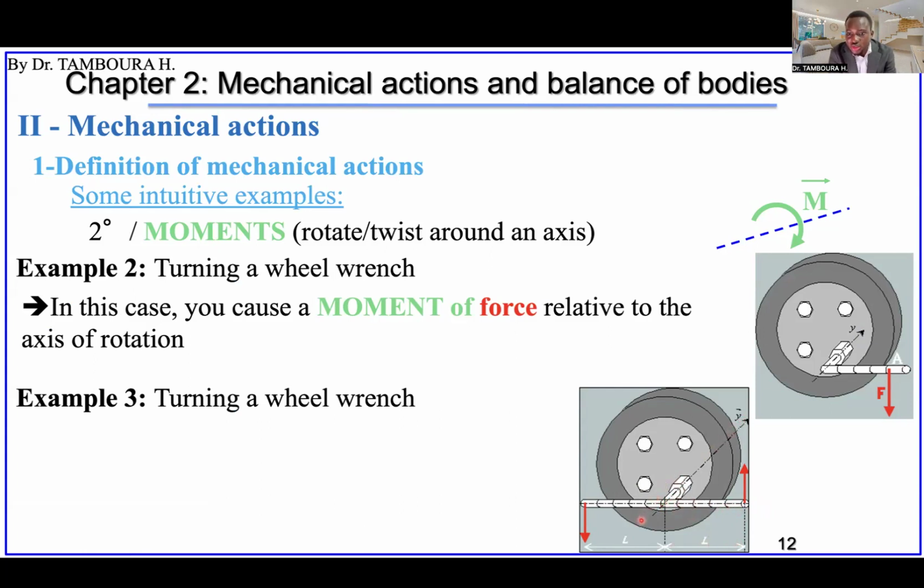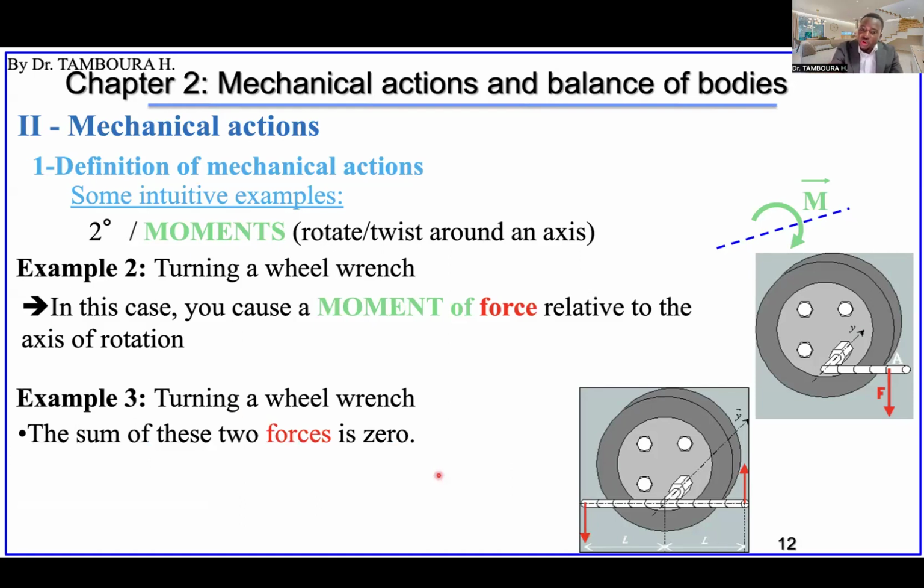This force's distance is L, and this one's distance is L. And if you can see here, these forces are opposite. Then the sum of these forces is 0 because they are opposite.